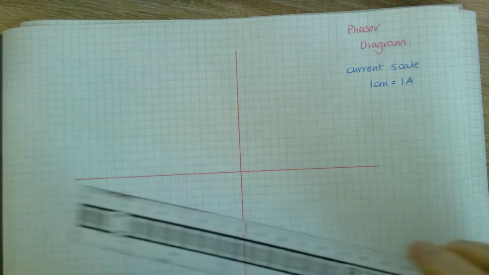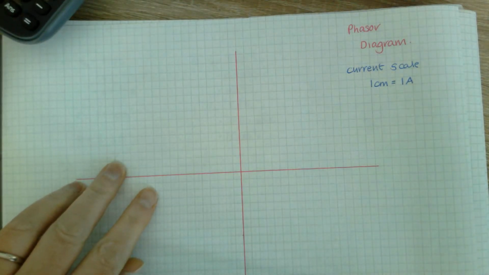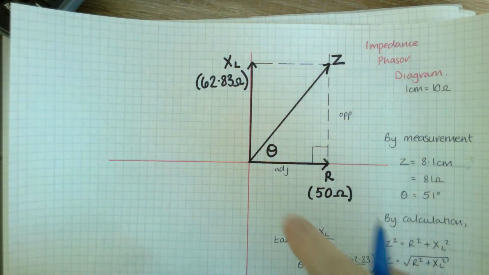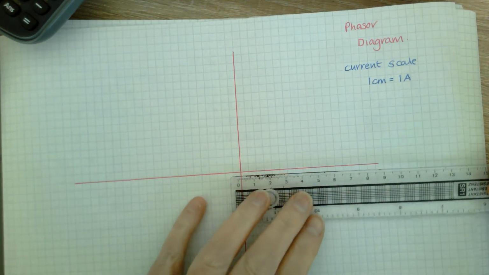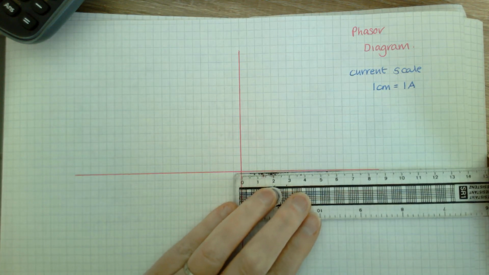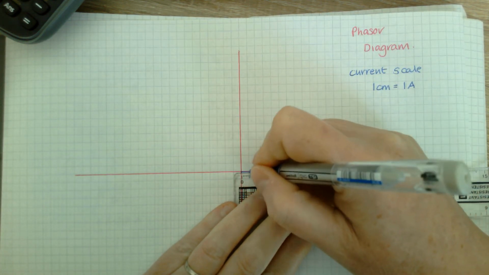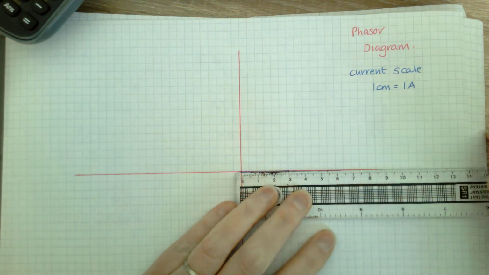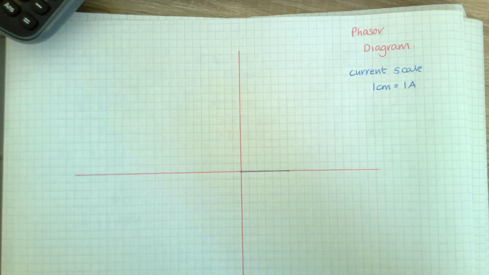Current is in phase with resistance. So if resistance goes this way, current will go this way as well. So I'll follow that. I'll use that.